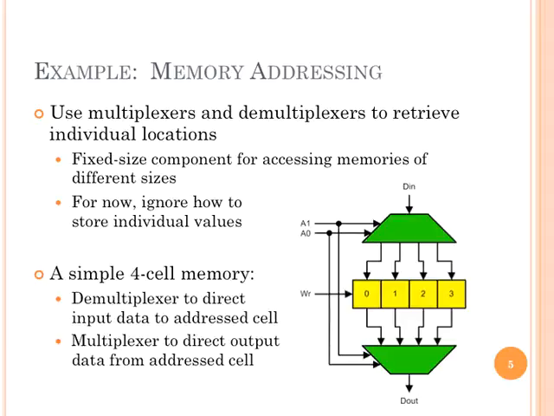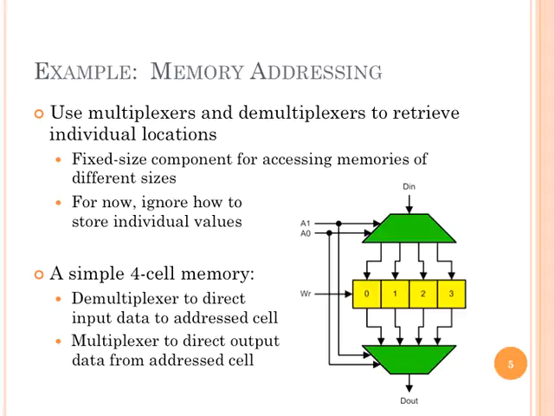So let's say that we had a 4-cell memory. So we can store 4 bits in this thing. And we can address those bits using A0 and A1. And you can see that that demultiplexer allows us to store a bit into whichever cell we want, and then the multiplexer can be used for pulling data out.